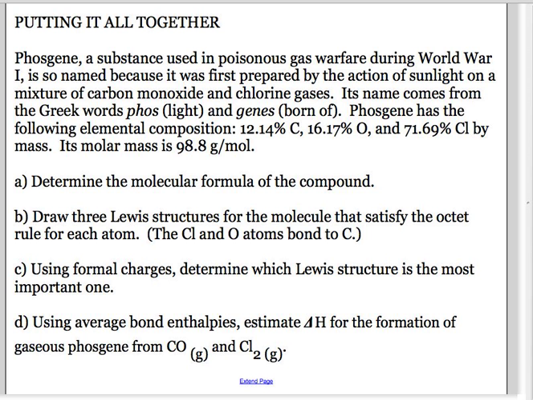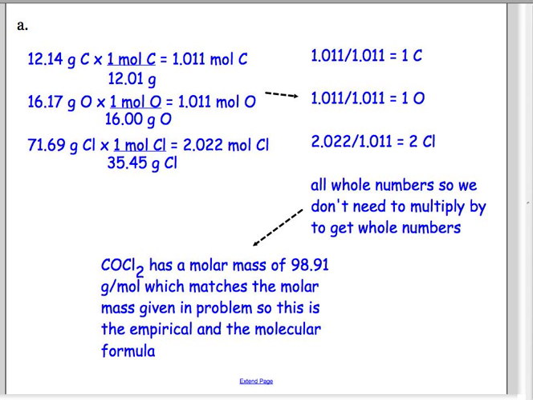Then I turn my mass into moles, which is just a mole conversion. I looked up each of my molar masses for carbon, oxygen, and chlorine. So you get these answers, the moles of each element.